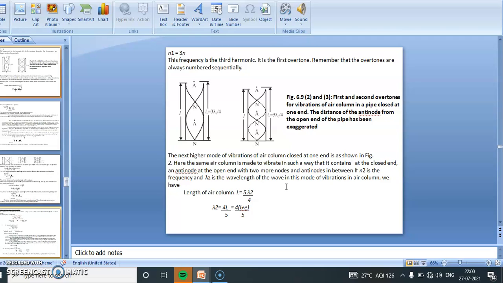If N2 is the frequency and lambda 2 is the wavelength of the waves in this mode of vibration in air column, we have length of air column L is equal to 5 lambda 2 by 4. Put the value of lambda 2 is equal to 4L by 5. Then we get lambda 2 is equal to 4 times (l plus e) by 5.